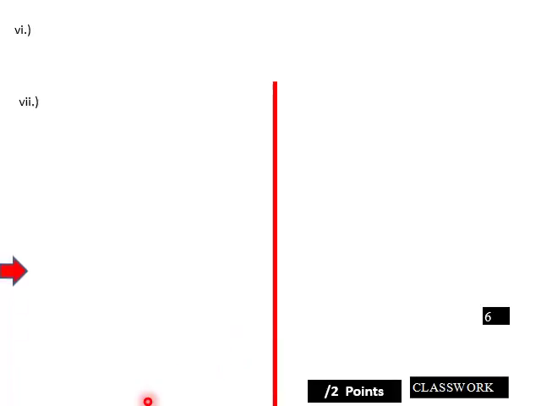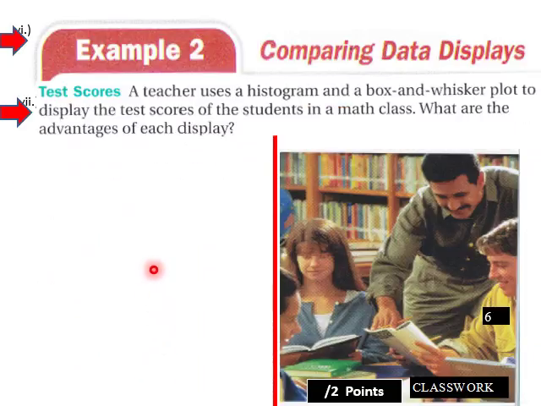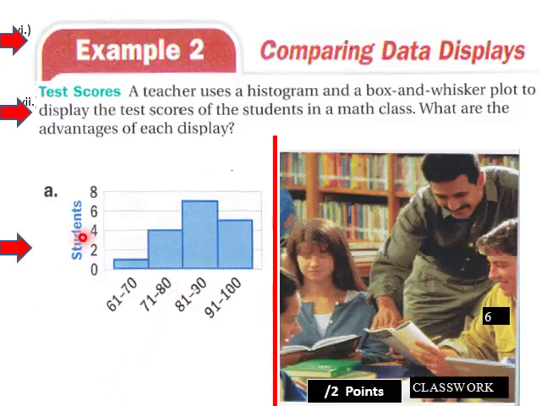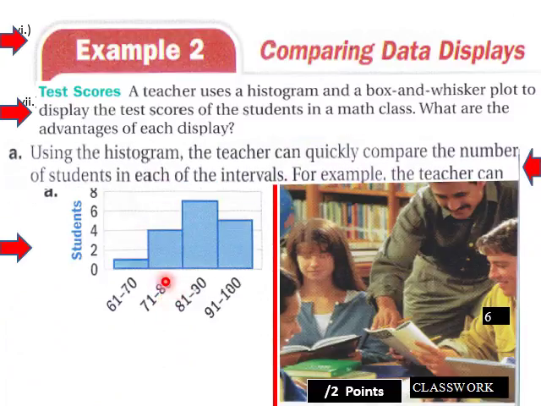And to our next example, example 2, comparing data displays. A teacher uses a histogram and a box and whisker to display test scores of students in a math class. What are the advantages of each display? So here we have a histogram. It can quickly compare the number of students in each of the intervals. This is a fast way of showing where most of your students are, and most of them are here, so that would be 81 to 90.